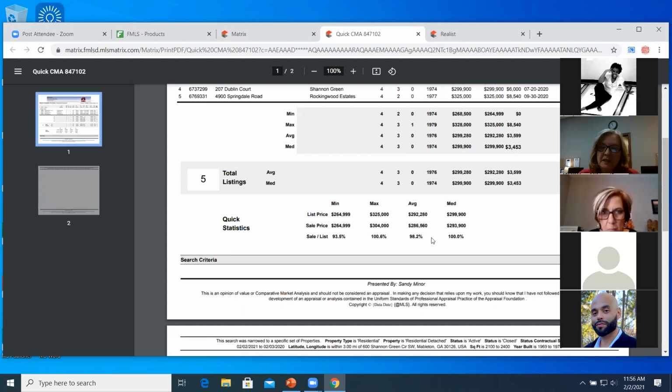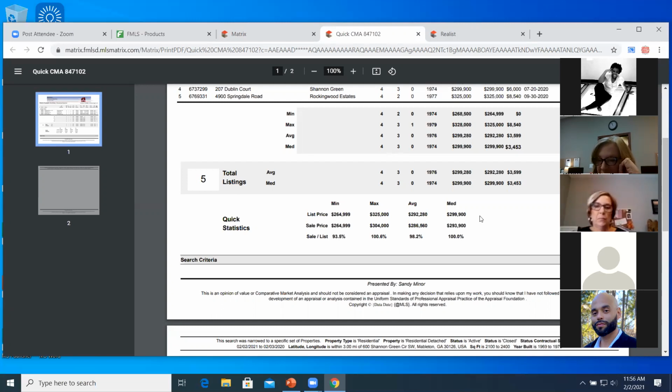So if I were going to the house and it looked like it has more updates, I'm definitely going to tell them that I think the property should be listed at 300,000, because I'm pretty sure it would appraise for that based on this information.